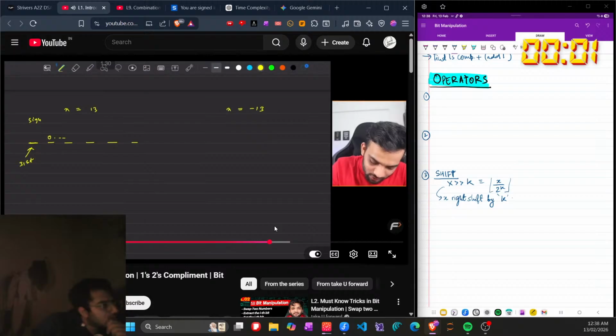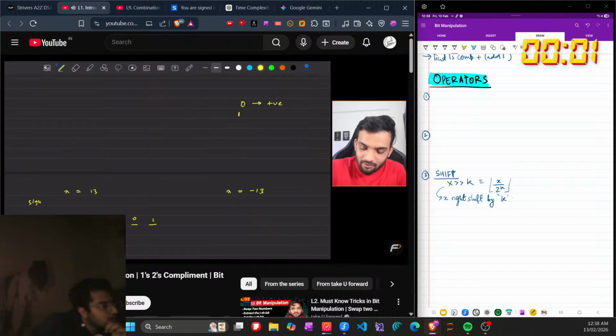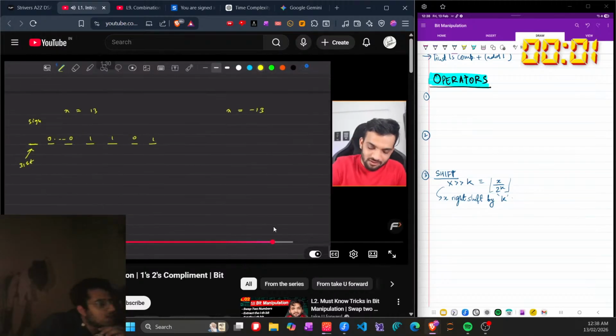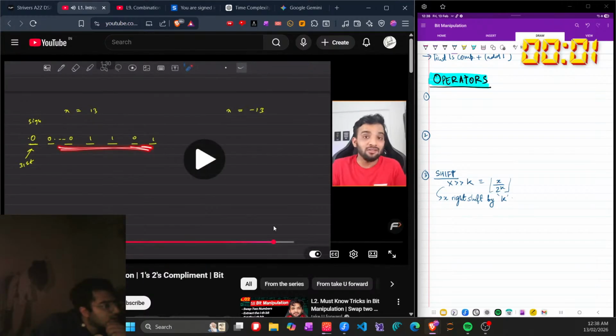Like in this case, it will be 0, 0, 0, and then 1, 1, 0, and 1. This is how I will be storing 13. What will be the sign? It's very simple. 0 for positive, 1 for negative. So I say 0 over here. This is a sign bit, and the rest are used for storing numbers.